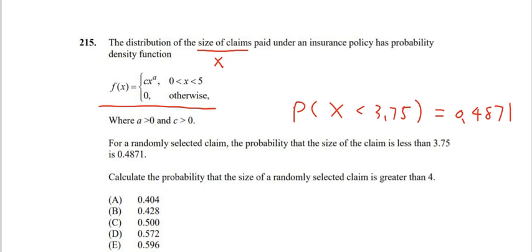So we can find this. So what is the question? We need to calculate the probability that this size is greater than 4. So what we need to find is x larger than 4.